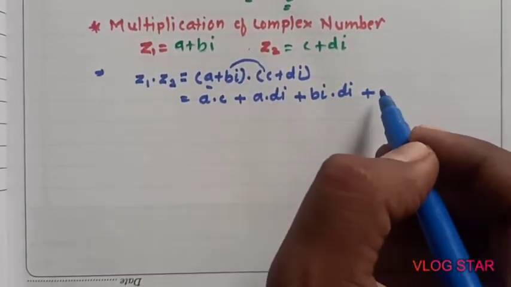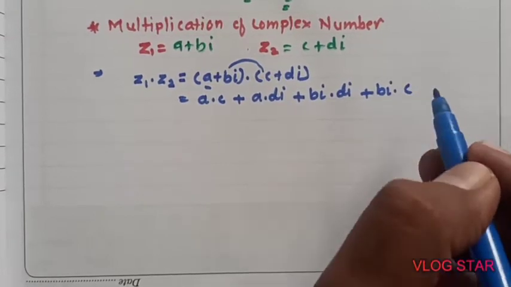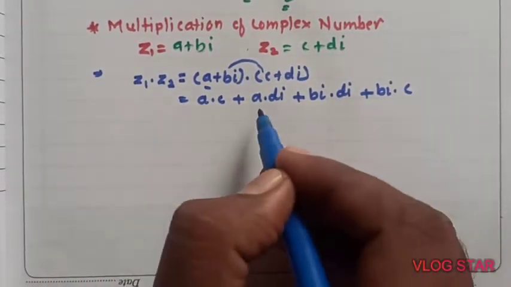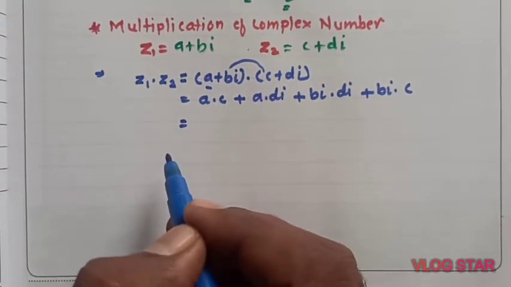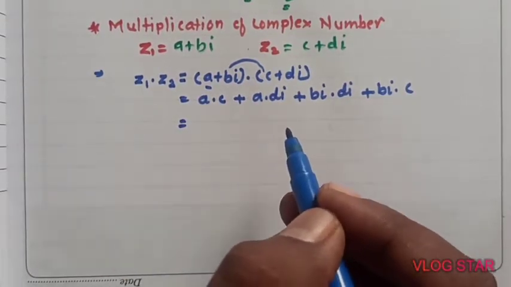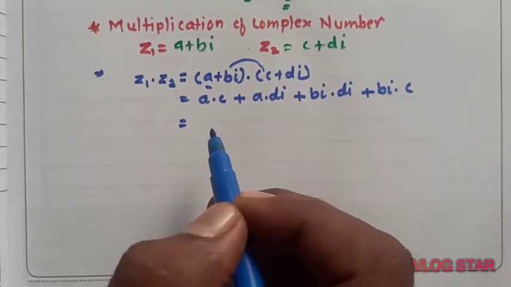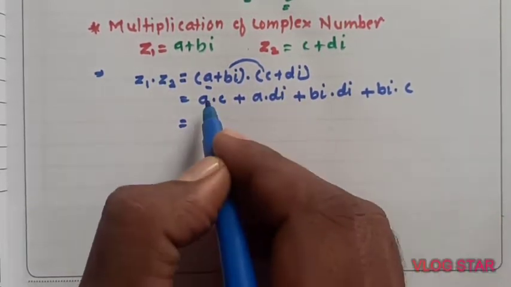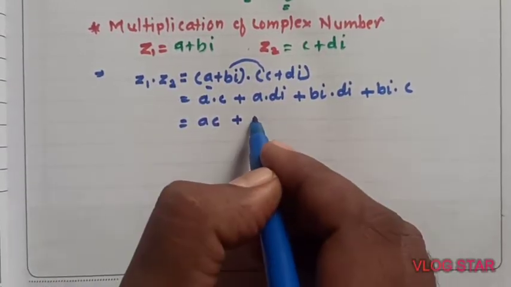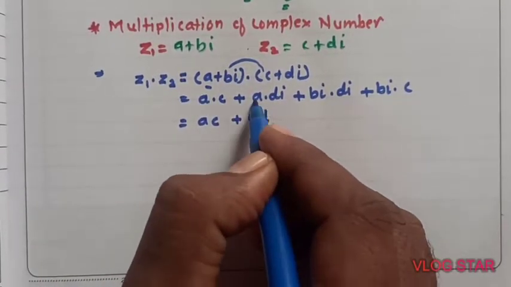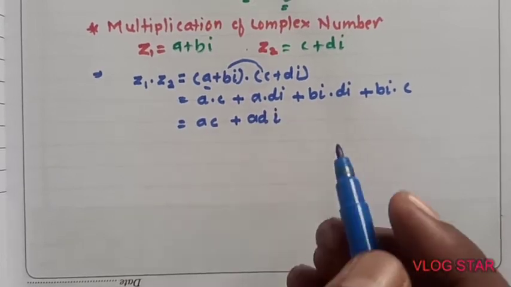First I multiply bi into c. Then we take like terms together, meaning the terms having a real part and the terms having an imaginary part. Before that we will simplify this. This is ac plus ad, a into d times i.